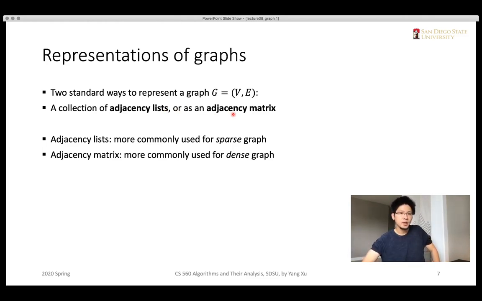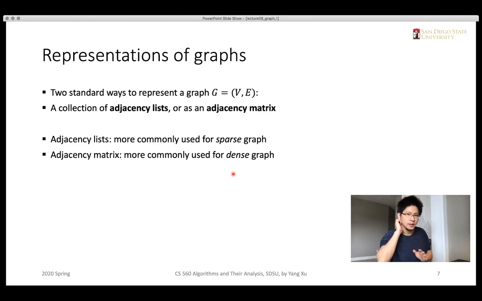Okay, and these 2 ways have pros and cons, and they are suitable for different graphs. Generally speaking, the adjacency lists is more commonly used for sparse graphs, in which there are much fewer edges than the number of vertices. And the adjacency matrix is more commonly used if it's a dense graph, which means there are a lot more edges.